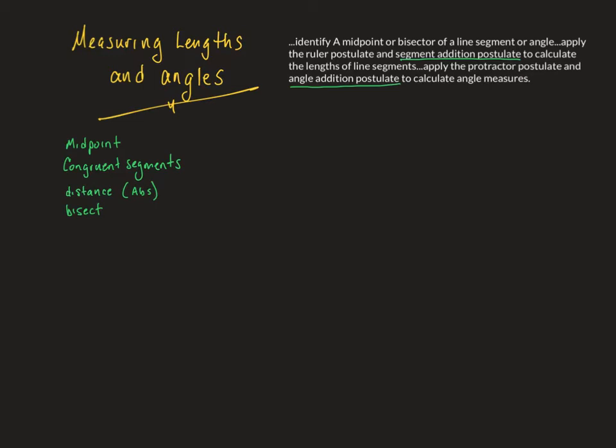So when I talk about measuring segments, if I have a length and I know that from here to here is 12 units, then if I label this A and I label this C, the segment AC should be equal to 12 units.